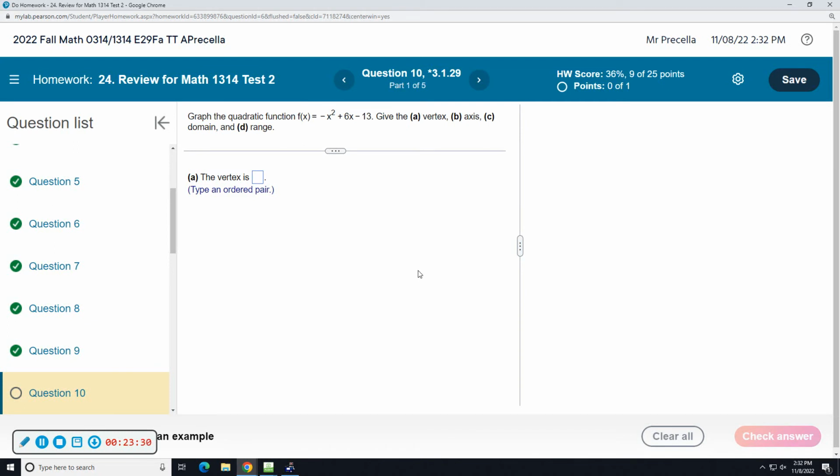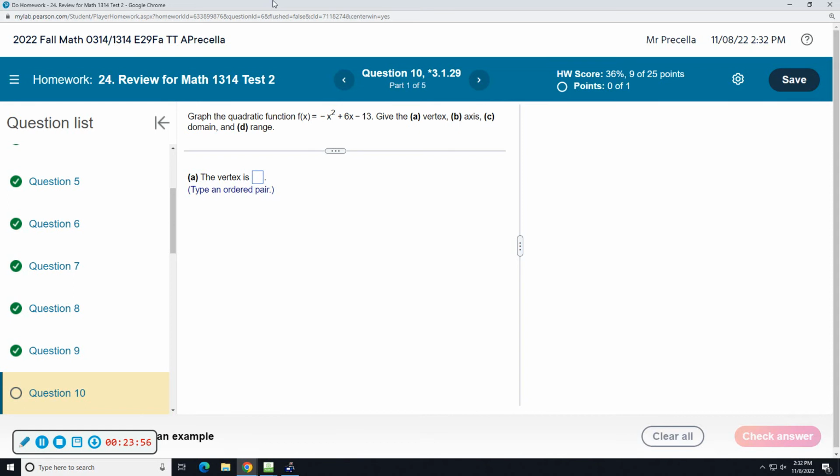Graph the quadratic function f of x equals negative x squared plus 6x minus 13. Give the vertex, axis, domain, and range. I'm going to write this on a clean sheet of paper. Sounds like it's going to be a long problem. So this is number 10.